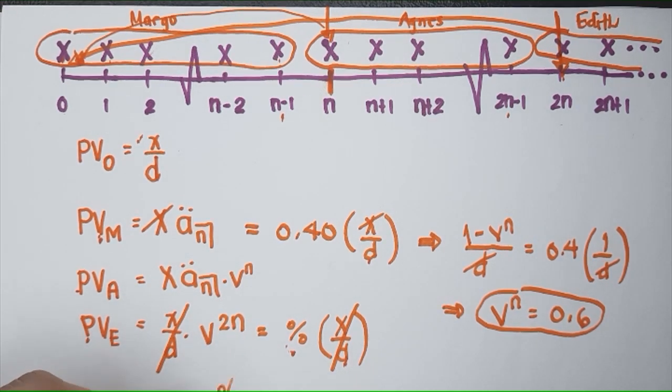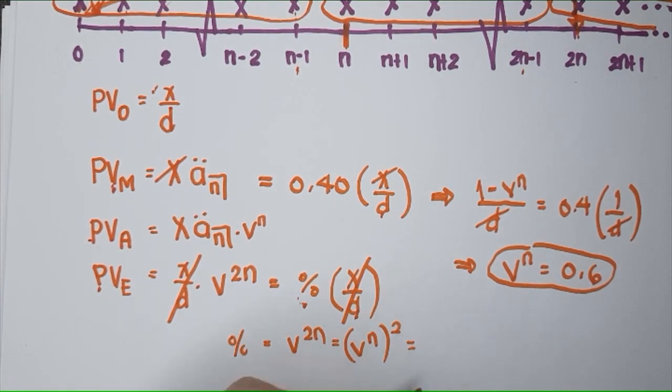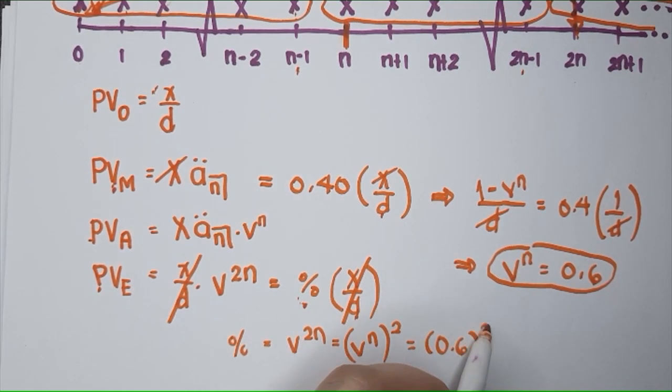So, ibig sabihin, saan equal yun? V to the 2N is equal to V to the N squared, which is equal to, what is V to the N? 0.6. Squared. So, the answer is 0.36.